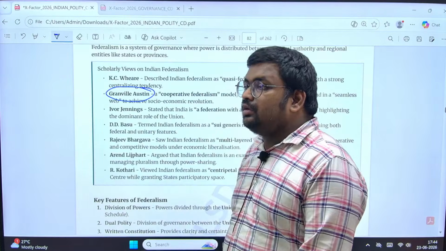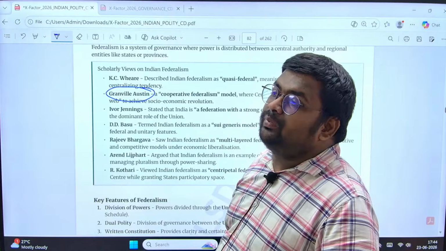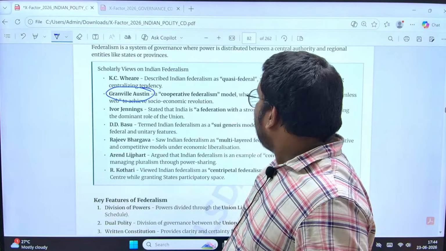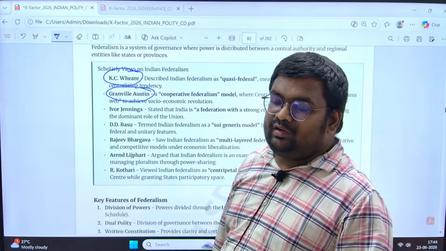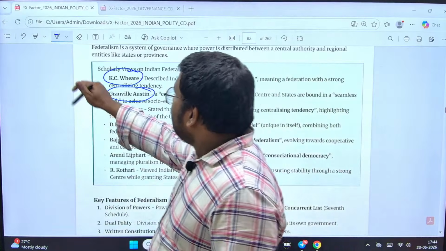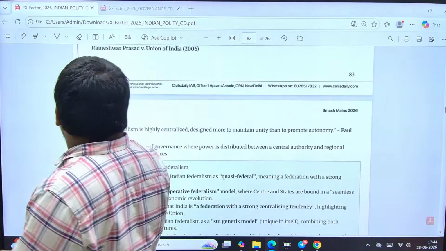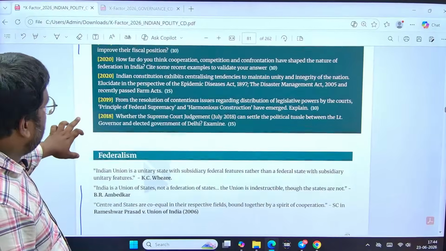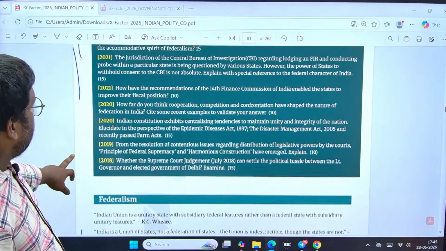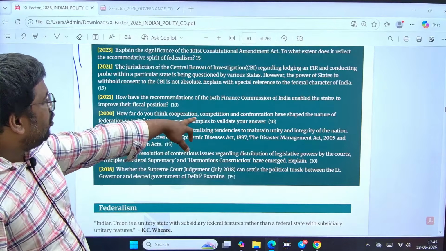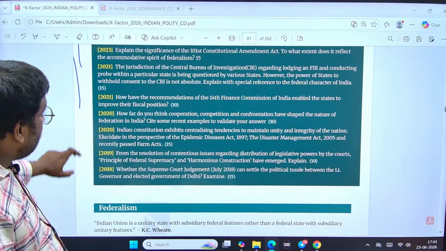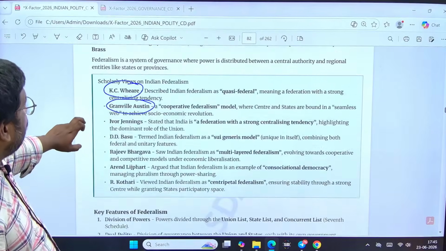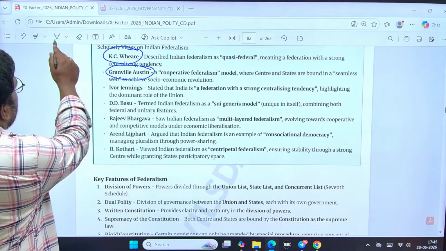But if they ask you with respect to the competitive or confrontational federalism, you can go with quasi-federal, Casey Ware. या फिर if they ask you ये वाला question, where Indian constitution, how far do you think cooperation, competition, confrontation? Okay, all three aspects they have asked. So in that case, you will go with Rajiv Bhargava introduction.